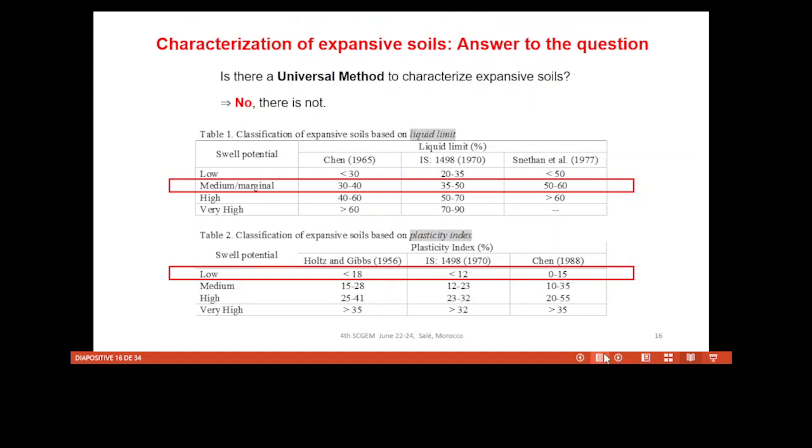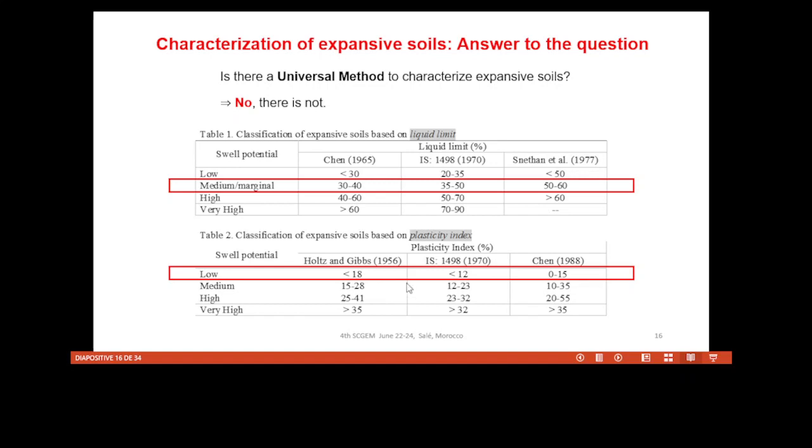About the characterization of expansive soil, the answer to the question initially asked, is there a universal method to characterize expansive soil? The reply is no, there is not. Simply because, for example, we consider the classification based on liquid limit after several authors. We can see each author suggests the swell potential, the degree of swell potential: low, medium, high, and very high, and different ranges of the liquid limit, and the same when considering the plasticity index.